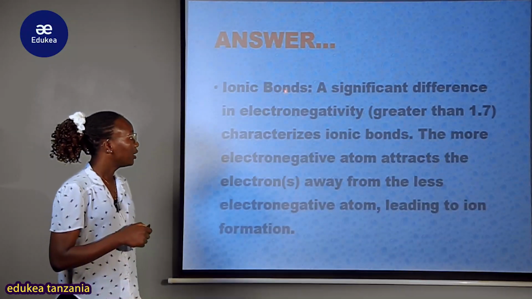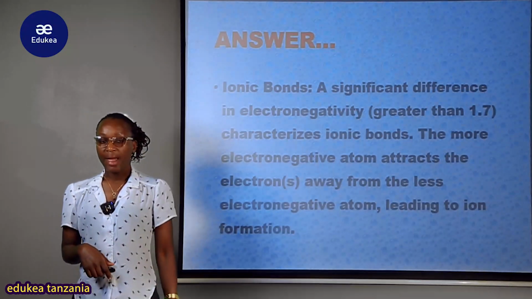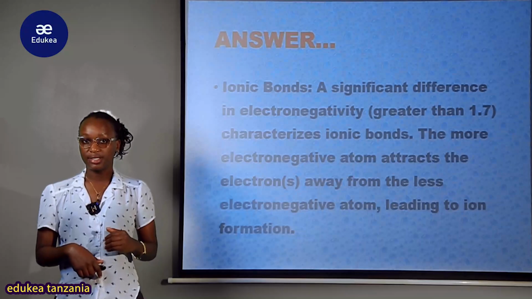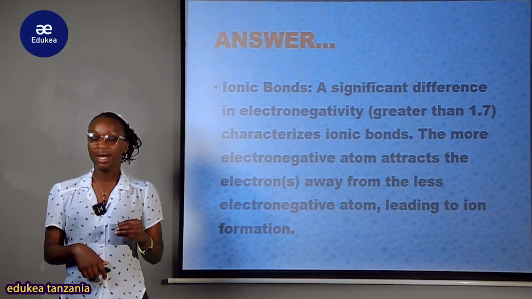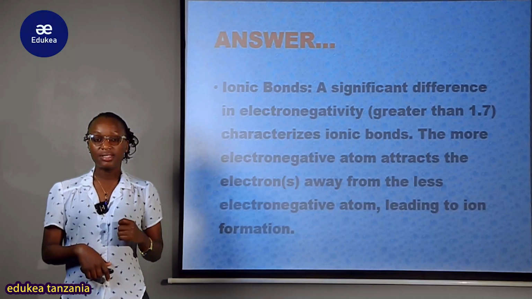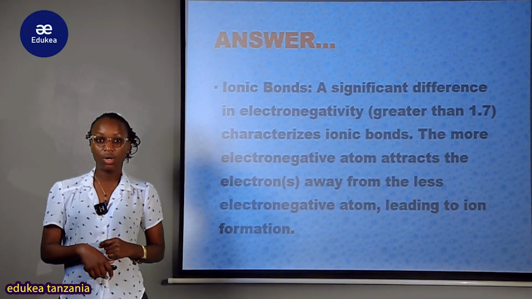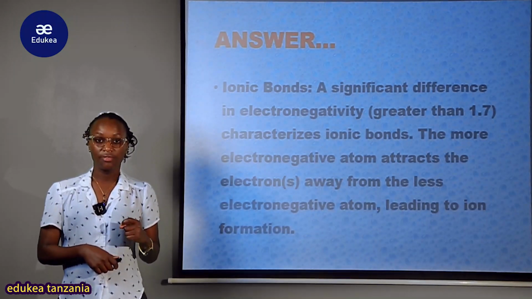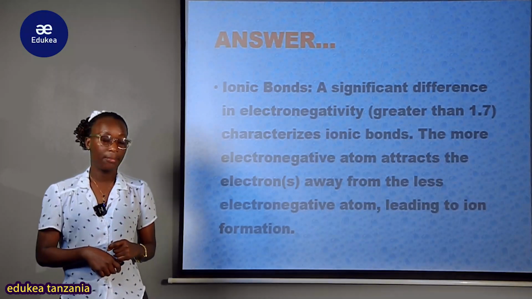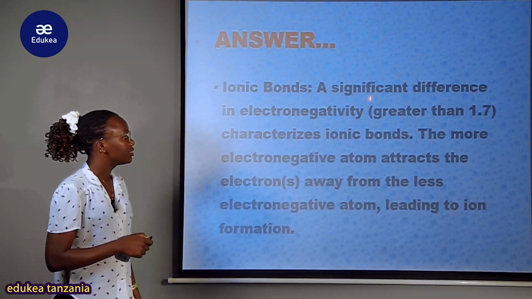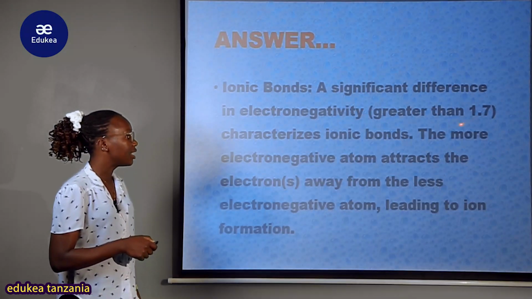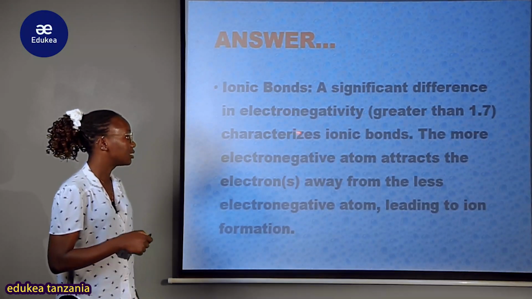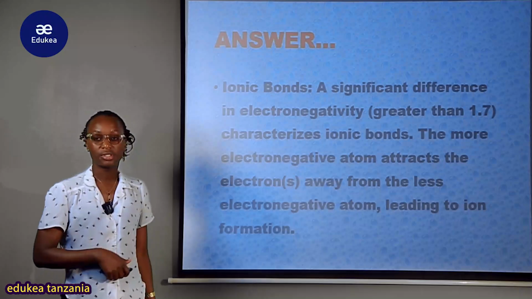Okay, ionic bonds. Remember we are talking about electronegativity. So tumeona kuhusiana na electronegativity ya covalent compound. Okay, now let us see electronegativity of electrovalent or ionic compound. Simply, a significant difference in electronegativity greater than 1.7 characterizes ionic bonds.